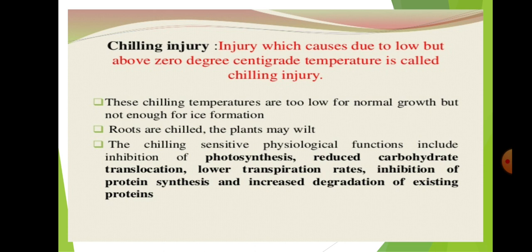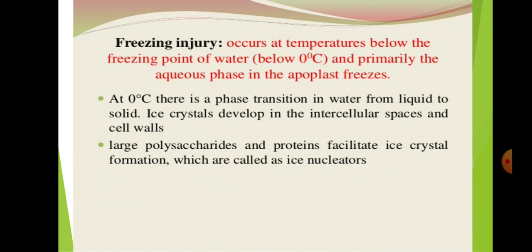If roots are chilled, the plant may wilt. The chilling sensitive physiological functions include inhibition of photosynthesis, reduction of carbohydrate translocation, lower transpiration rate, inhibition of protein synthesis, and increased degradation of existing proteins.